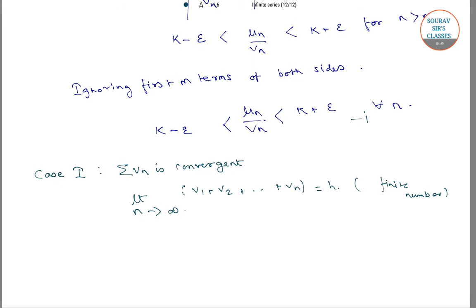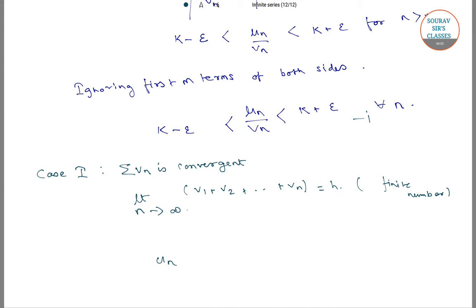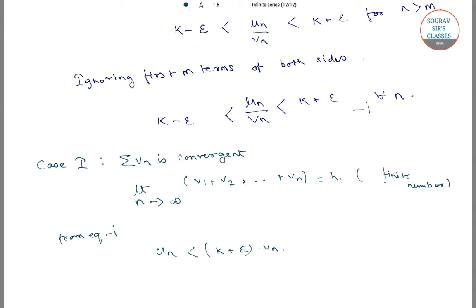Now from equation 1 we have un is less than k plus epsilon into vn. This implies u1 plus u2 plus so on till un is less than k plus epsilon into v1 plus v2 plus so on till vn.